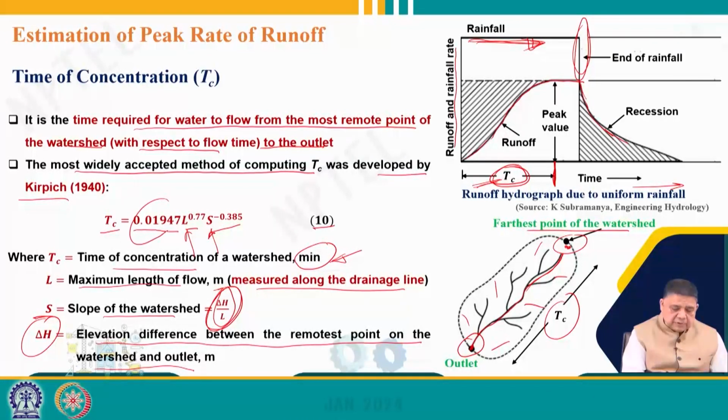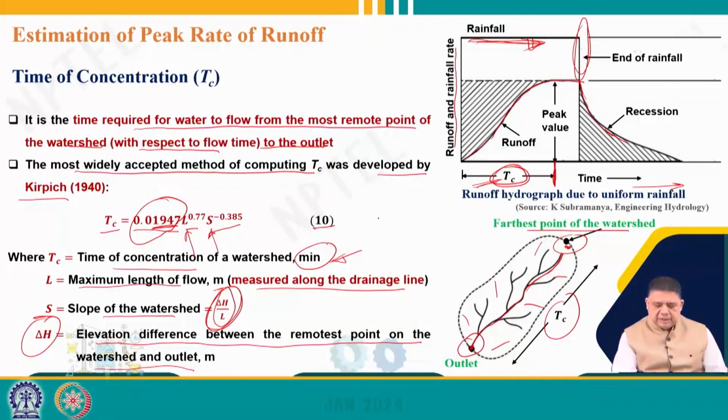An important point about the constant 0.01947 is that you can remember it as India's independence year, 1947. So it is very easy to remember, at least for Indian students, that the Kirpich formula uses the constant 0.01947.